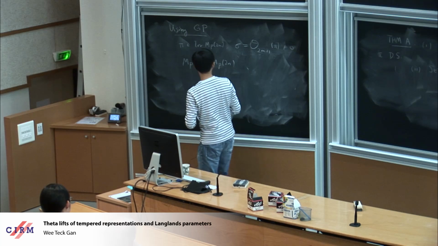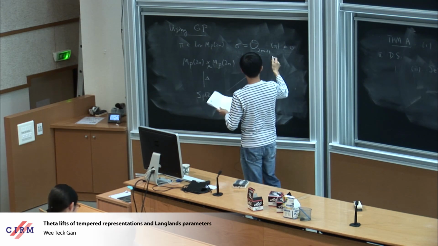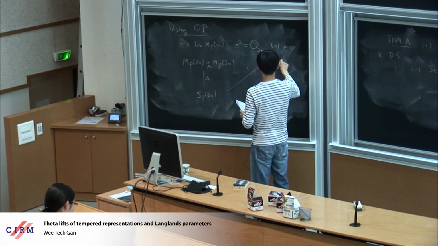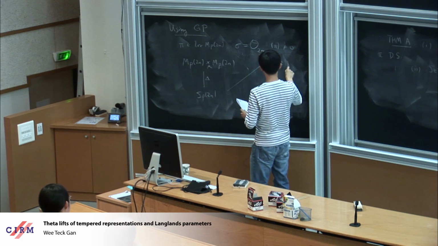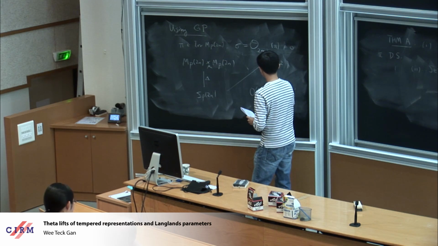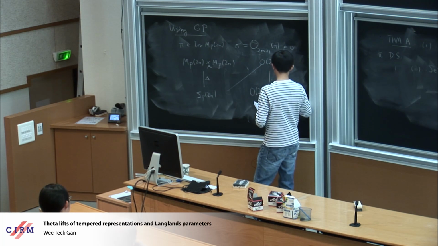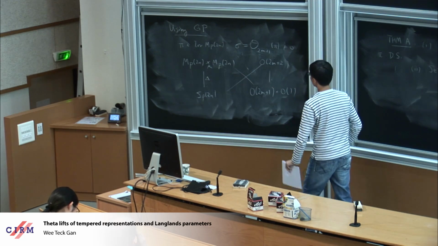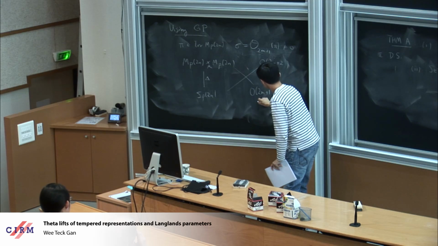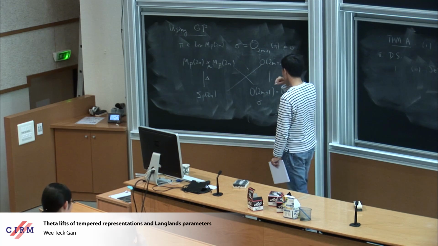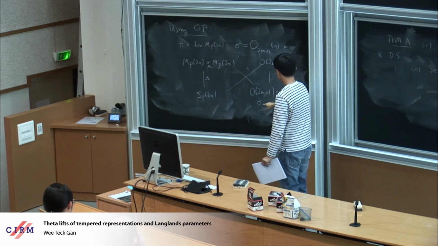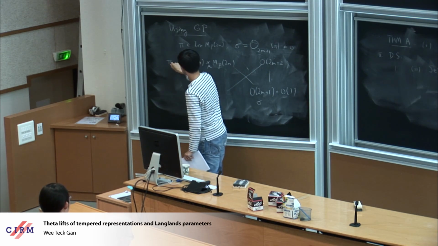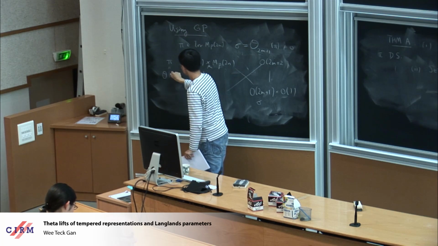This thing has a mu too, so let's do O2m plus 2. Okay, not being very precise, but anyhow, there's such a seesaw diagram. Okay, now my sigma is a representation here. So its theta lift to MP2N is pi. Pi is the theta lift of sigma.